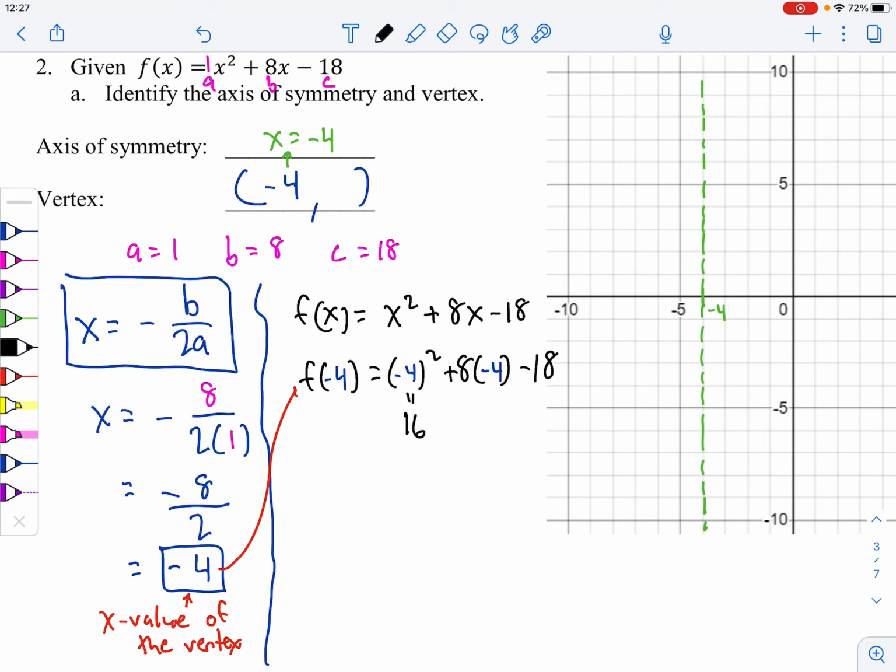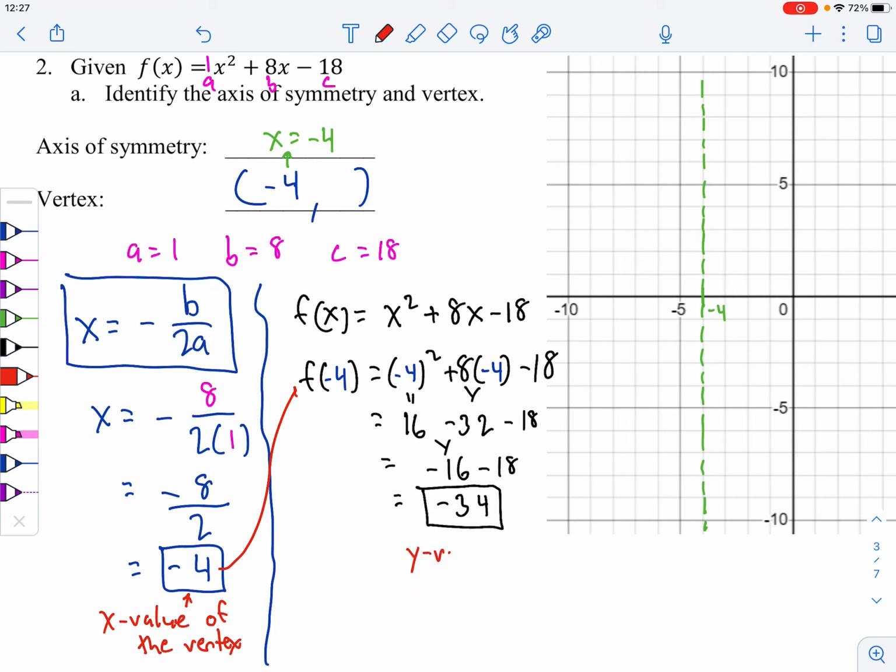So negative 4 times negative 4 is 16. 8 times negative 4 is negative 32. Negative 18 just comes out. Move left to right. So 16 minus 32, negative 16 minus 18, that's going to be negative 34.